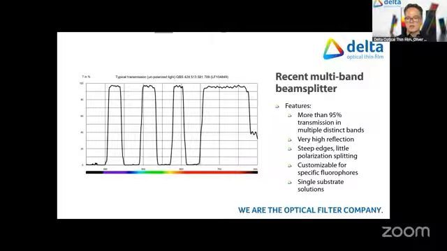And have in mind it's at a 45-degree angle of incidence, so there's virtually no polarization splitting visible on the edges of the beam splitter. And also these can be customized for specific fluorophore combinations, and again are single substrate solutions which can be combined into very compact optical setups.